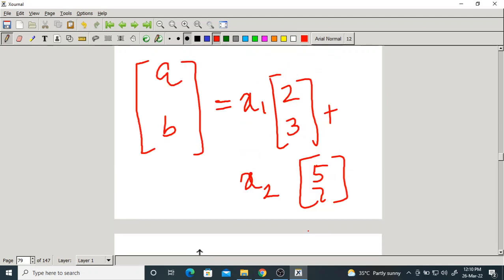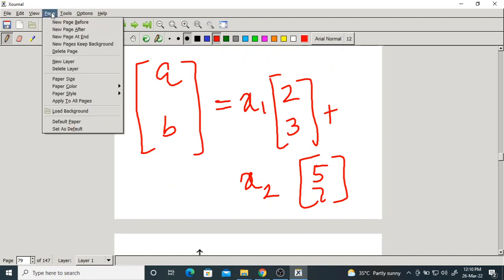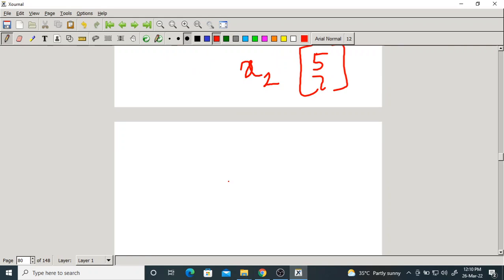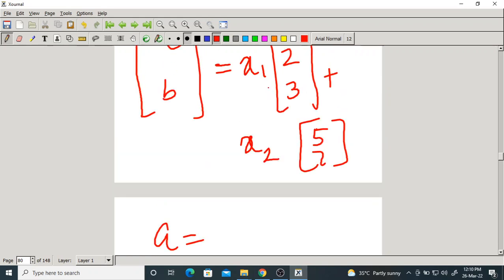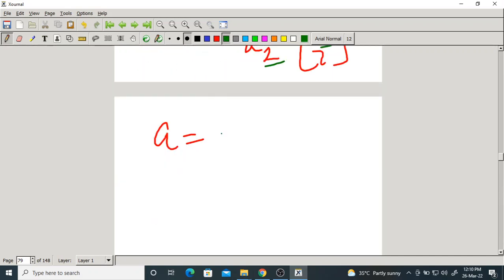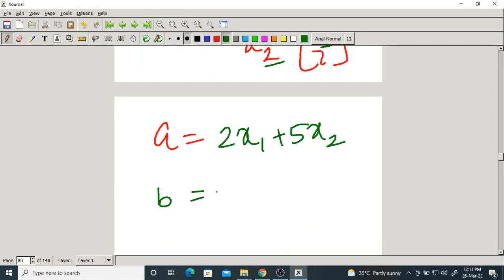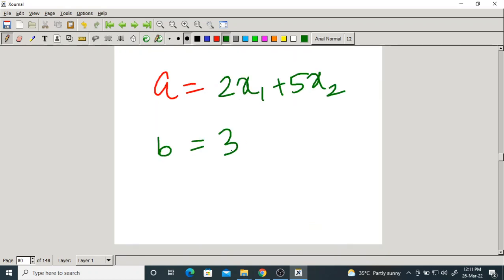Then what can we do? a equals 2x1 plus 5x2, and b equals 3x1 plus 7x2.